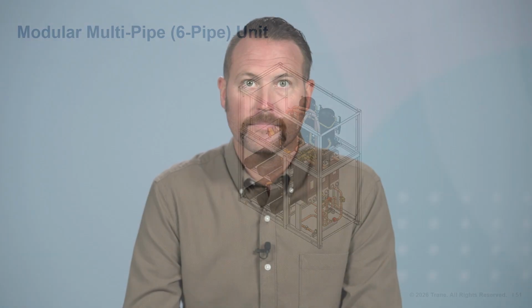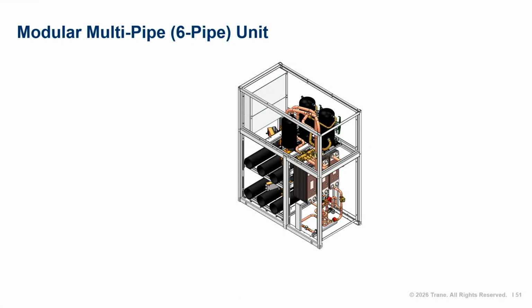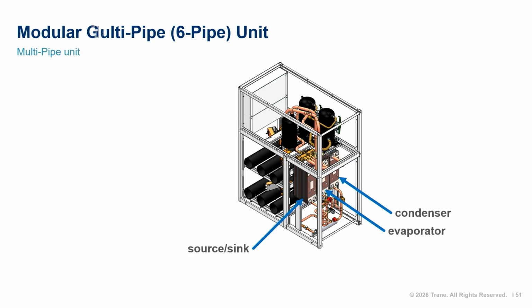One of those popular units is the multi-pipe unit. Multi-pipe units can be commonly characterized by having 3 separate heat exchangers, one dedicated for cooling, one for heating, and the third connected to the Borefield, which changes roles based on the mode. In this unit, we see there are 3 braze plate heat exchangers.